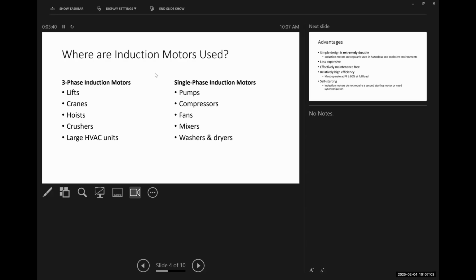In this room specifically, I don't know if there is an induction motor, but I'd be willing to bet that we're feeling the effects of one, because induction motors are used very regularly as components in HVAC systems, right? We might see a very large three-phase induction motor on the HVAC unit for a building of this size, and then the compressor that's used as part of the refrigeration cycle is going to be a single-phase induction motor.